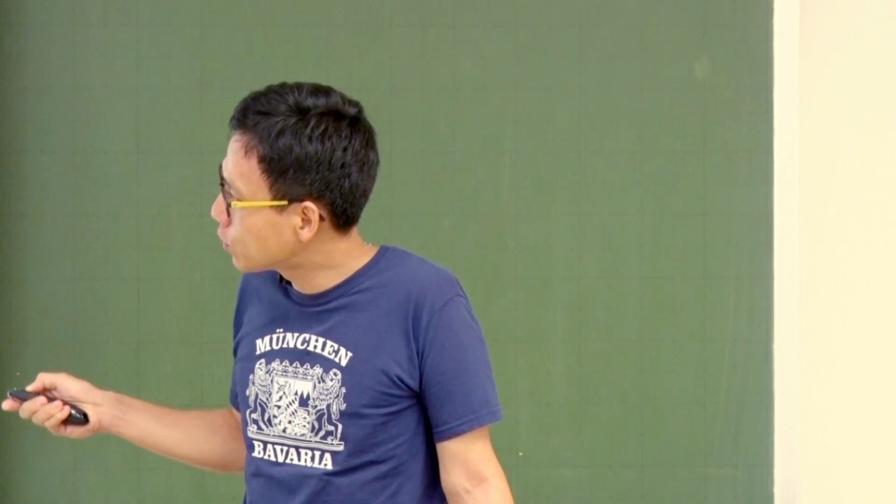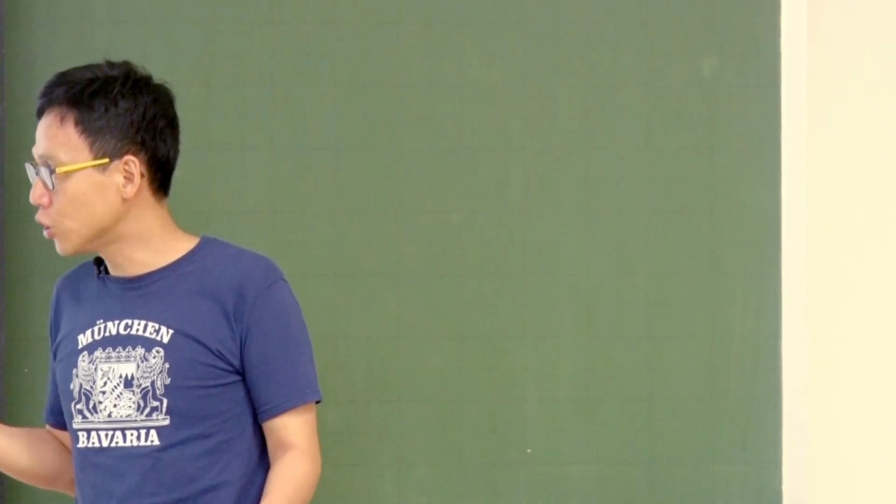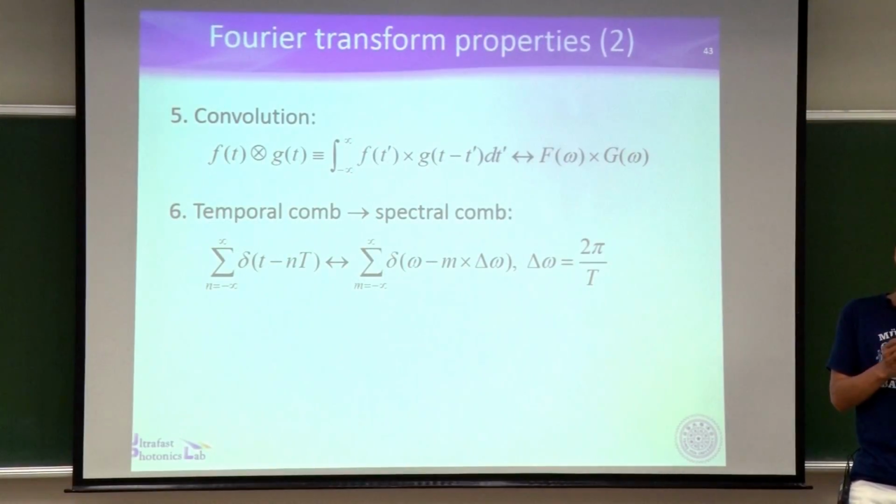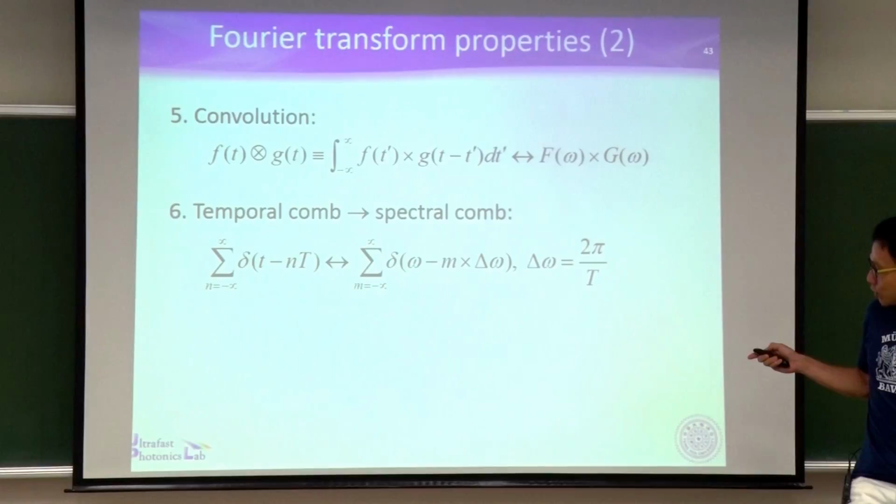But because of the relation that you can easily sense, if you reduce the period in the time domain, you have a smaller big T, you have denser delta functions in the time domain. What do you have in the frequency domain? Your spacing delta omega becomes bigger.